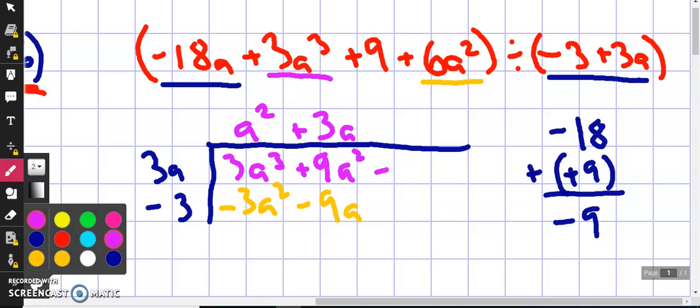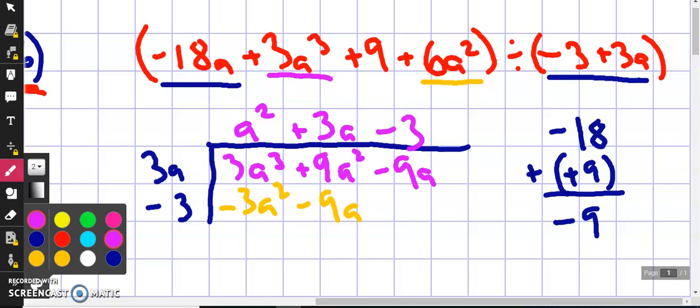So I need another minus 9a. So I see a 3a on the left, a negative 9a in the middle. So I need another negative 3 on top because 3 times negative 3 gives me negative 9. And then I don't need any more a's because the a's already match up.